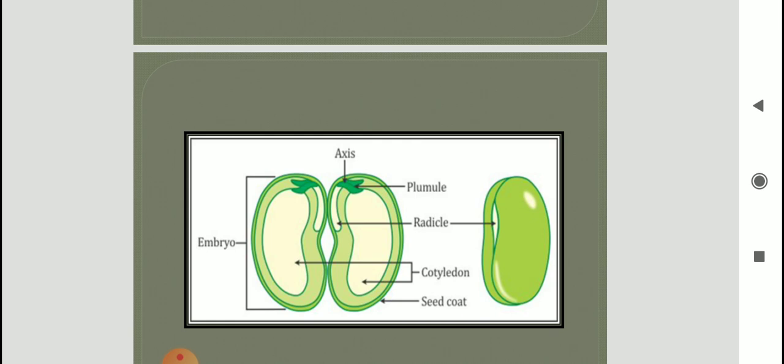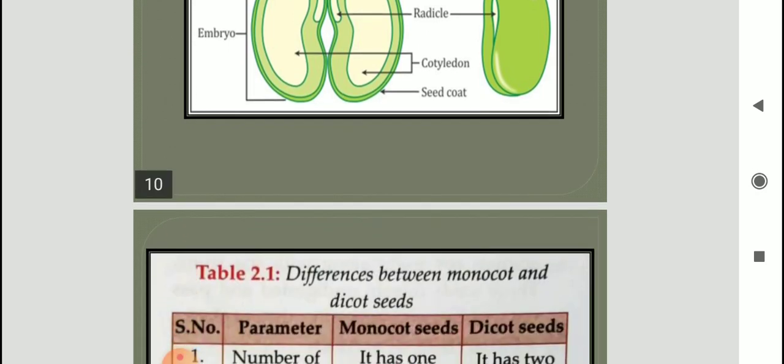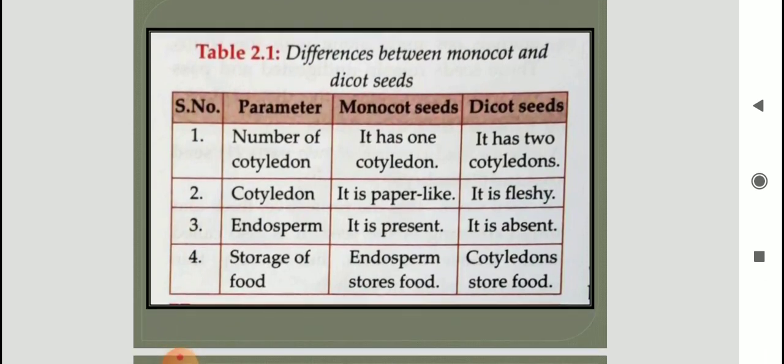Okay. Then some plants will bear seeds which will have two thick fleshy cotyledons, like you can see in this picture. So if two cotyledons are present and they are quite fleshy, then they are enough to store the food. Such type of seeds are known as dicotyledonous seeds. Okay. So on the basis of the number of cotyledons, you can say that there are two types of seeds, monocots and dicots.